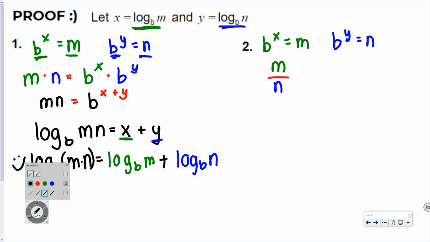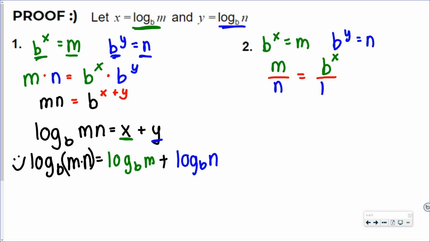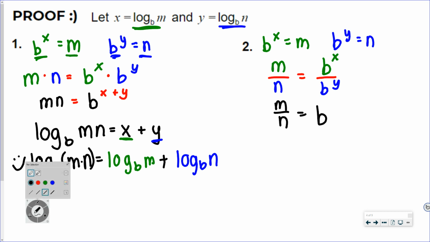Okay, so we have m, which is b to the power of x, divided by n, which is b to the power y. Okay, exponent properties. I have the same base. What operation to do with powers? Subtract them. Okay, I think you can probably see where this is leading to. So that's the same as b to the x minus y.